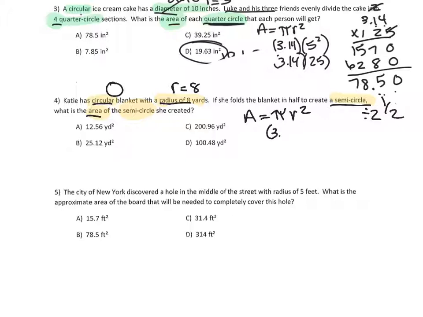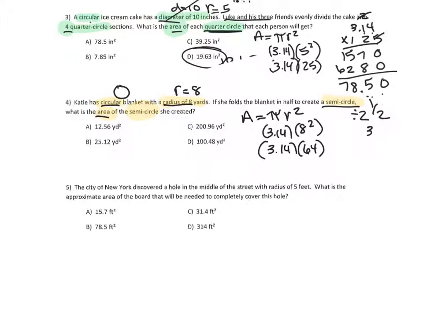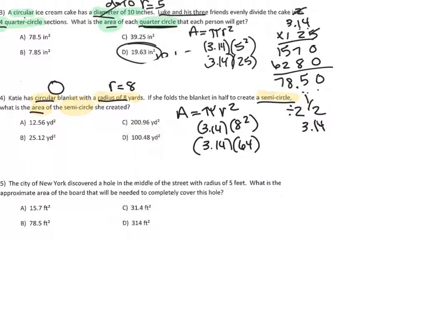So pi r squared, 3.14 times radius, which was 8 squared. 8 times 8 is 64. So 3.14 times 64.